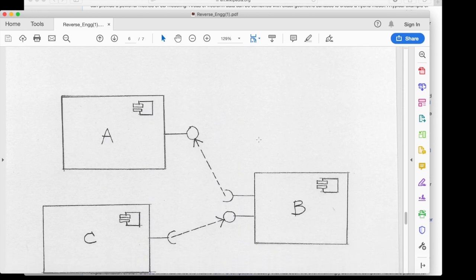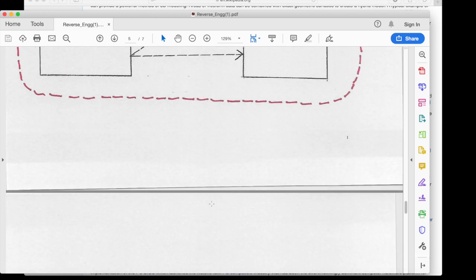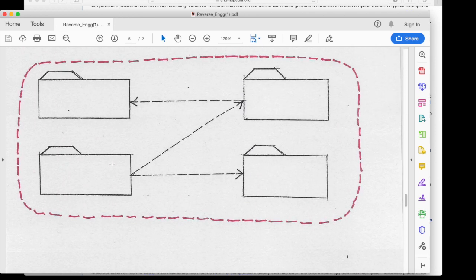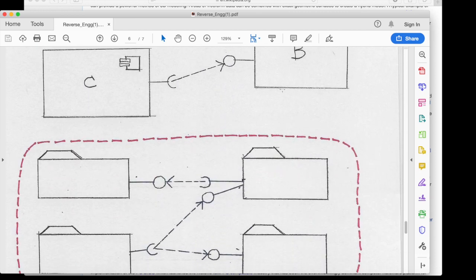That is why you have a ball over here and a socket here. And this package here on the left needs service from this package. So it is both a ball and socket. It provides service and it needs service.